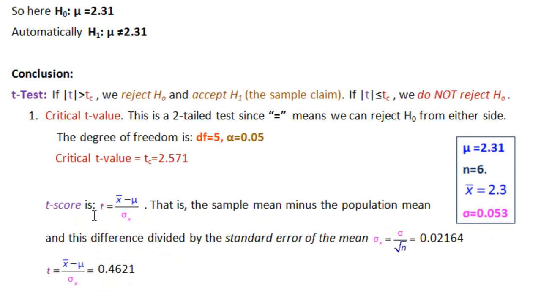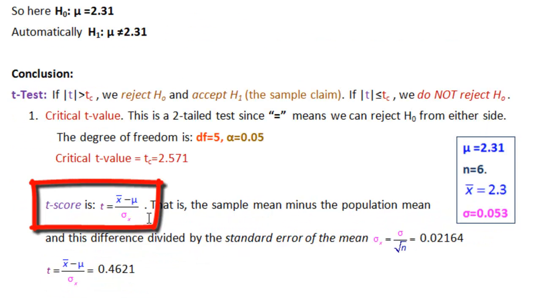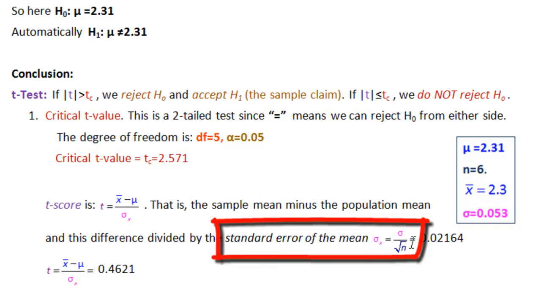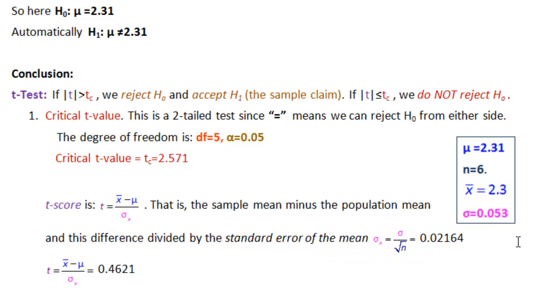Now we need to calculate the t-score t. We do that by subtracting the population mean from the sample mean and then dividing by the standard error of the mean. The standard error of the mean is the standard deviation divided by the square root of the sample size. So here we have our standard deviation is 0.053 and n is 6.